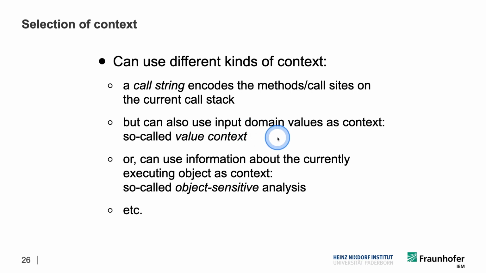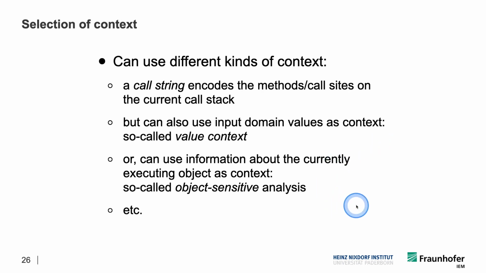But then you can also use input domain values as contexts. These are so-called value contexts. Here the idea is that you do not distinguish different analysis passes at different call sites, but you rather distinguish different analysis passes that have different abstract input values. That can also make a lot of sense, and we'll be talking about that in depth as well.